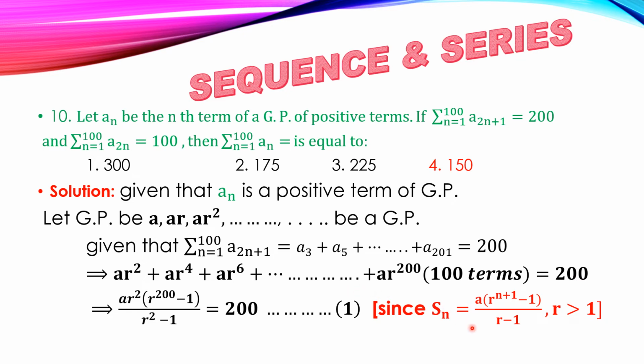Using the sum formula, S_n equals a into r to the power of n plus 1 minus 1 by r minus 1. Here r is greater than 1 because a_n is a positive term. Now we substitute these values. The first term is ar square, into r to the power of n plus 1. Here r means r square, n means 100. So r square to the power 100 minus 1 by r square minus 1 equals 200. Let us call this equation number 1.